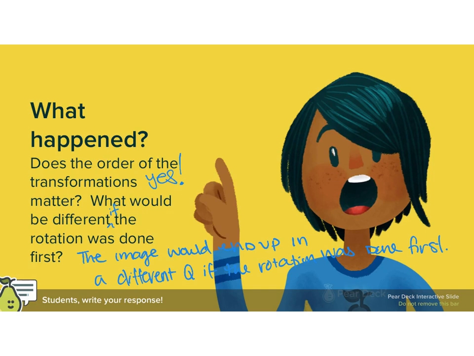Probably the orientation, but that's okay because we're not going to actually do the transformations because they take a long time. So this for sure is going to be in a totally different location if you change the order of the transformations.